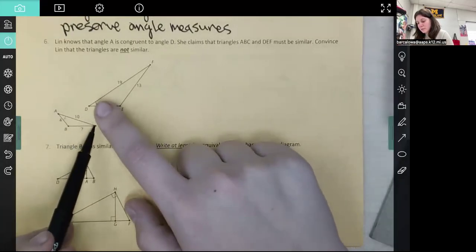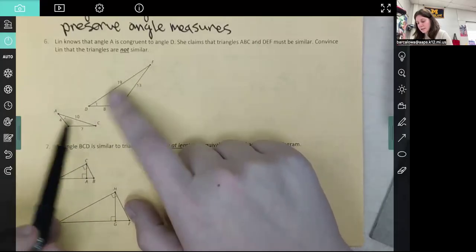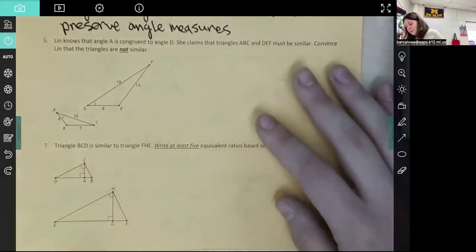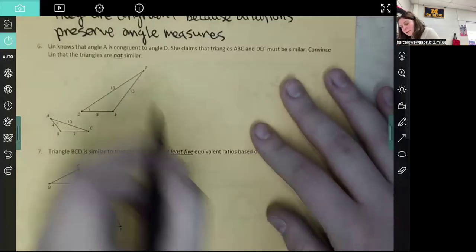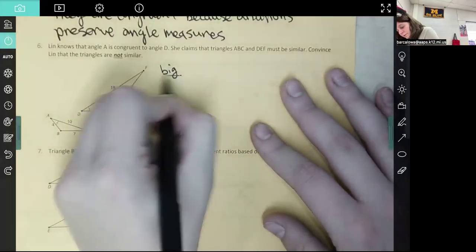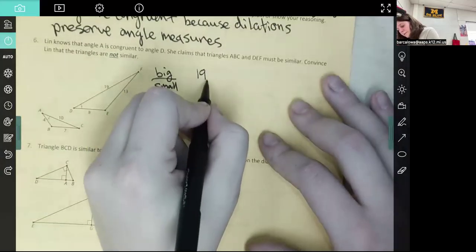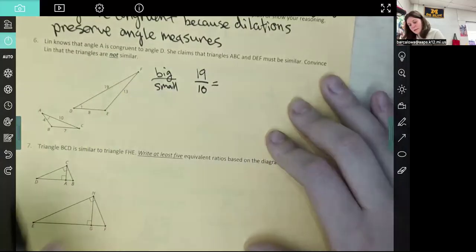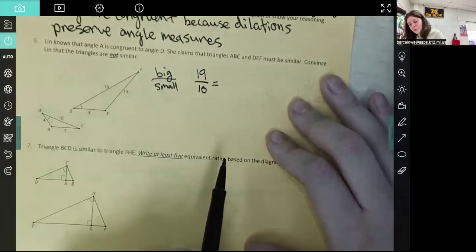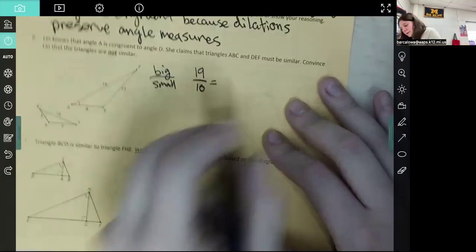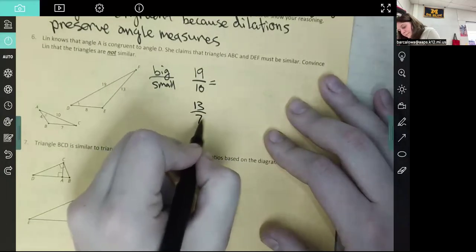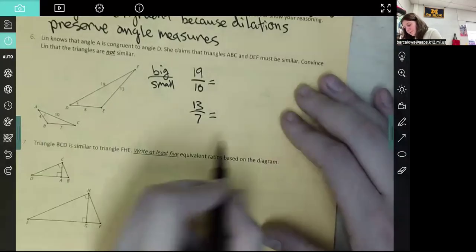I'm going to pair these two longest sides together. So AC and DF. Okay? I'm going to take big over small. So 19 divided by 10. Let's compare that to 13 divided by 7 and 8 divided by 4.